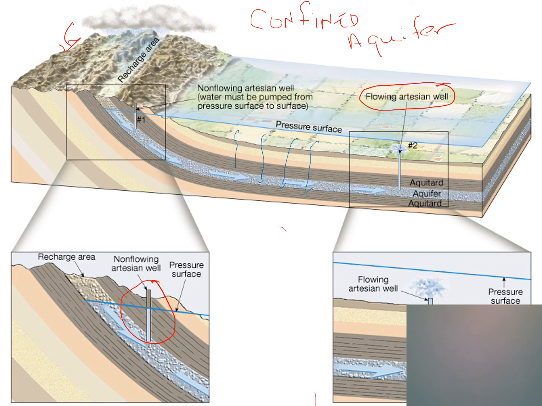That doesn't happen anymore because there are so many wells that are drilled into the aquifers here. But non-flowing artesian well over here, there's the pressure surface, and then a flowing artesian well here. Here's the pressure surface, and it's above the ground, so the water will flow out above the ground.